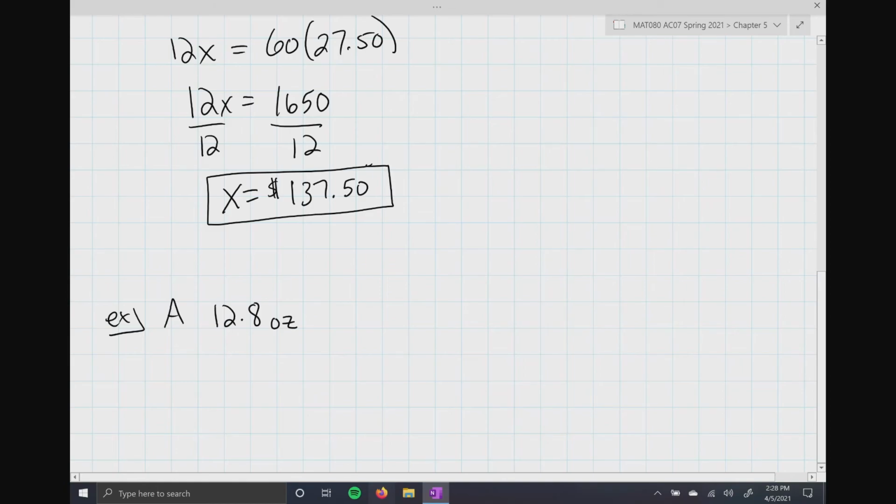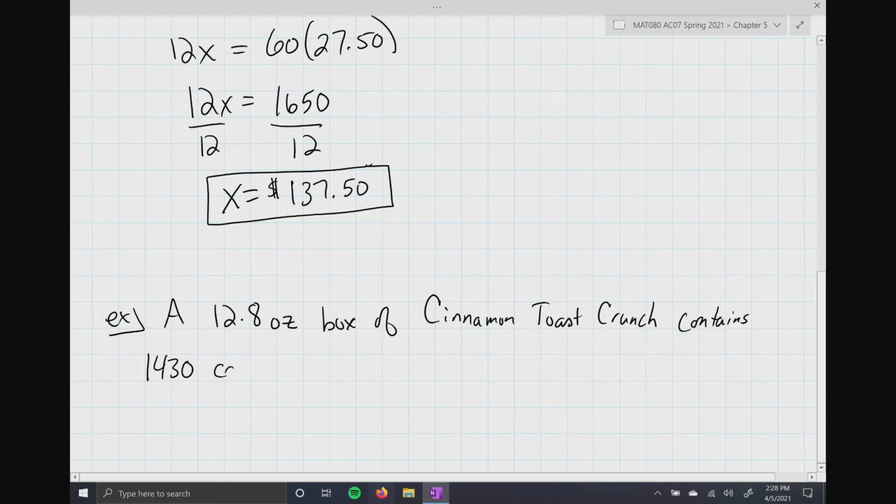A 12.8 ounce box of Cinnamon Toast Crunch contains 1,430 calories.